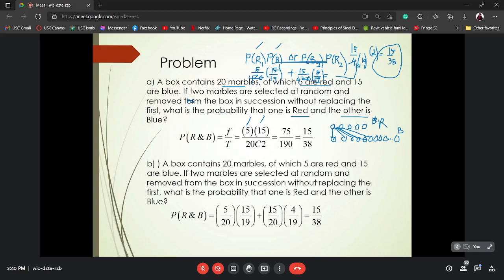And the total possible outcome, because you are picking two marbles from the box, is 20 combined 2. And the result is 75 over 190. It's the same as 15 over 38, similar to the calculation that we obtained earlier.